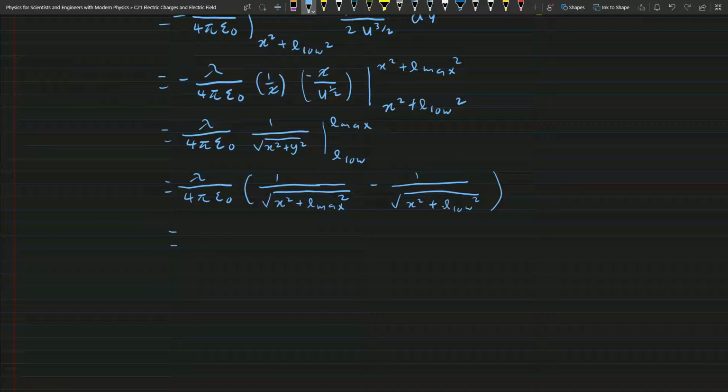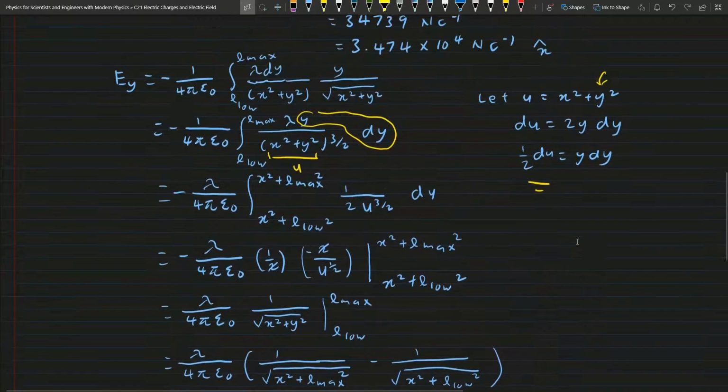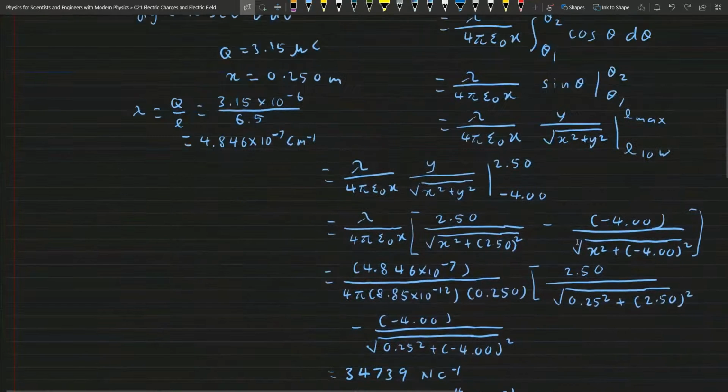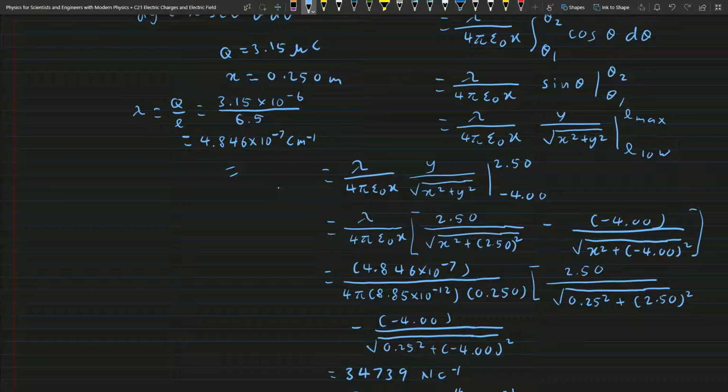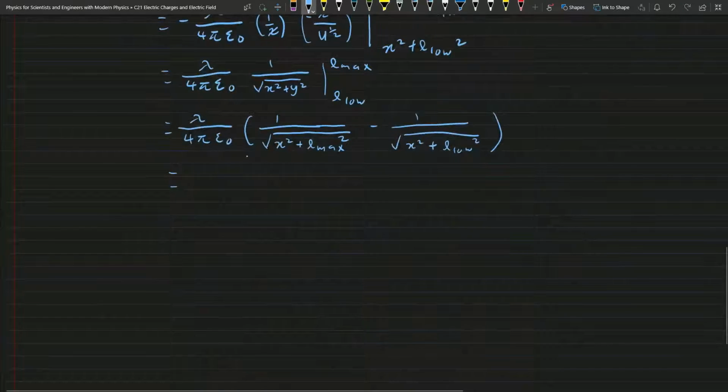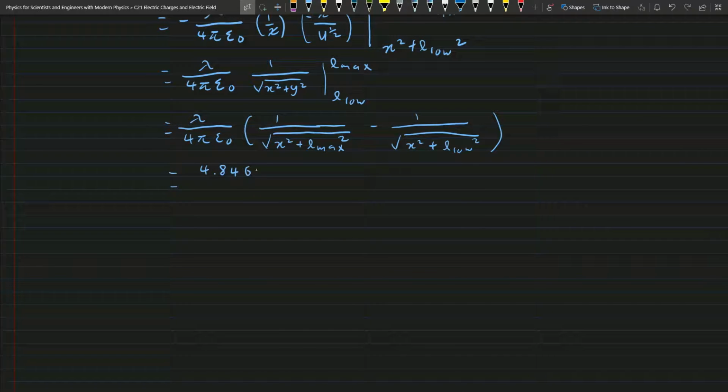Now we have all the values, right? First thing we find out is the charge density. From here we already found this is 4.846 × 10^-7, and 4 pi times 8.85 × 10^-12.